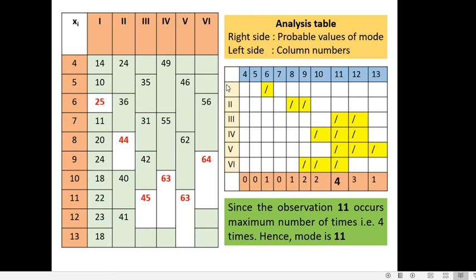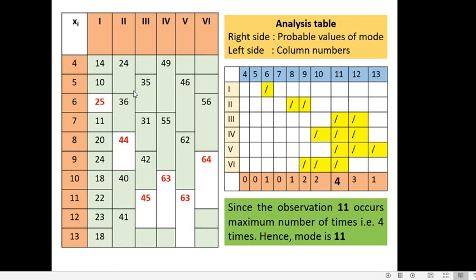Now what I do? You take the first column. In the first column, the highest frequency was 25, and it corresponds to the observation 6. So I put a tally bar under 6.